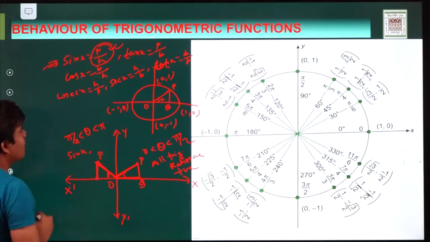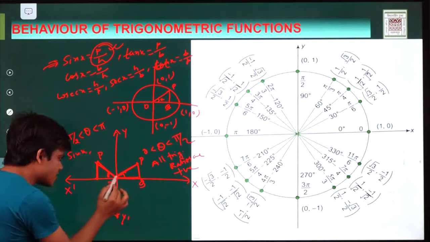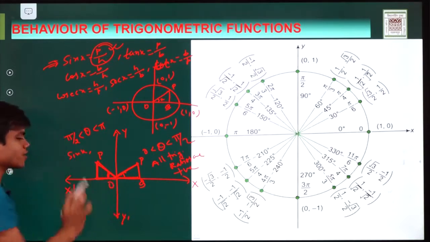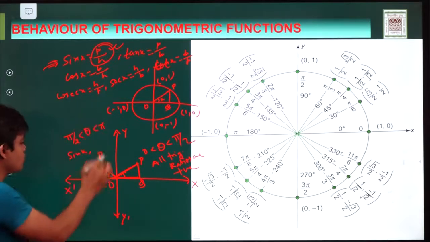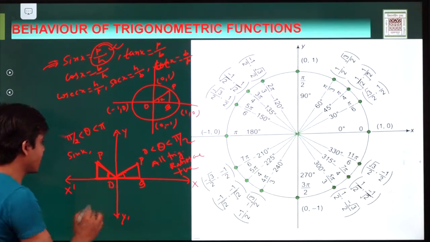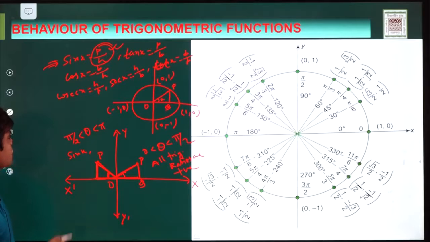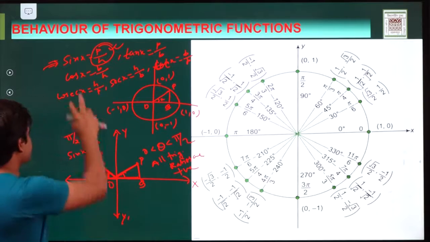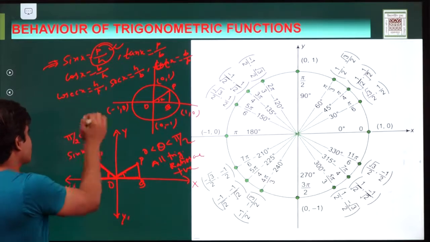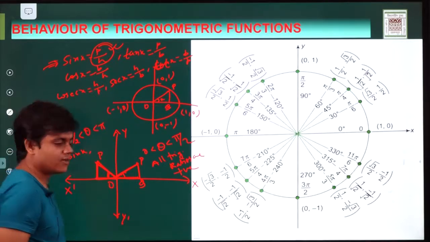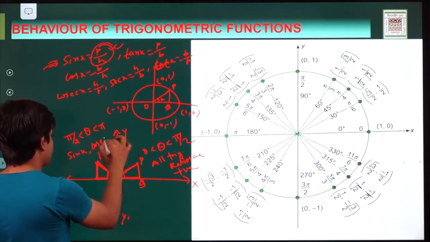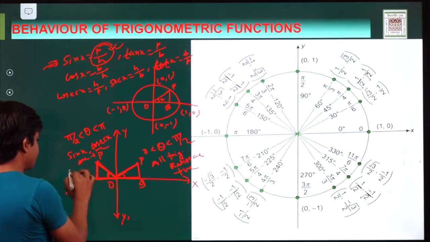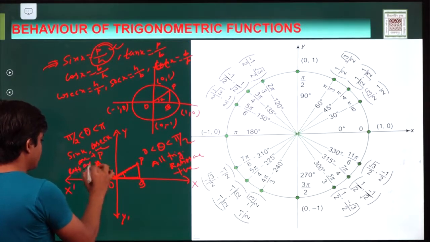But what about cos x? Now you can see your B is along the negative x-axis. So B will be negative, so cos x will be negative. All the ratios in which B is involved will be negative. So we can see we have only 2 trigonometric ratios, sin x and cosec x, in which B is not involved. Therefore, sin x and cosec x are positive, the rest are negative.